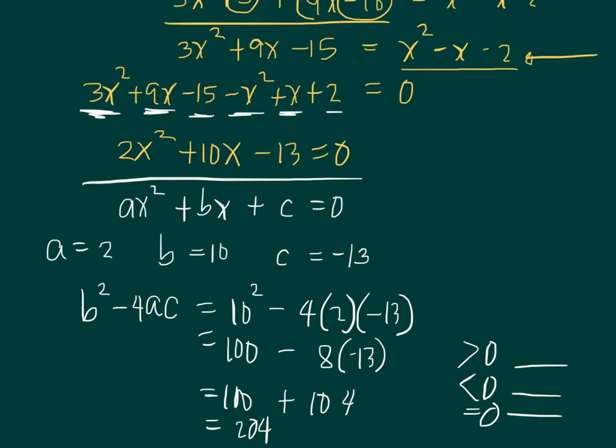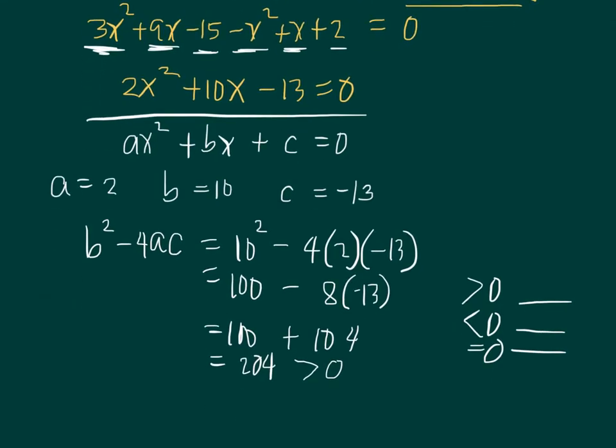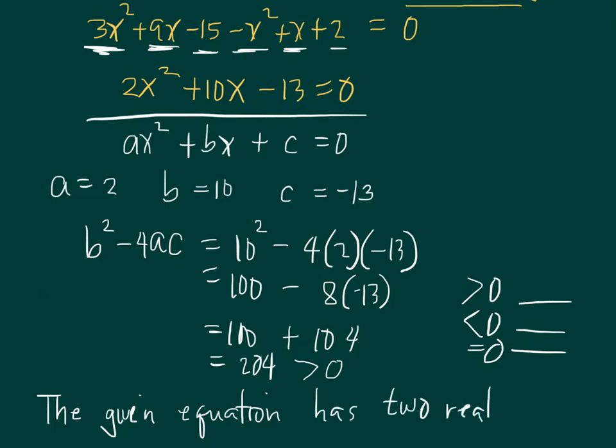But since 204 is a positive number, so it's greater than 0, our conclusion will be the given equation, when it's greater than 0, has 2 real roots. So that's how you identify the number of roots or the nature of the roots.